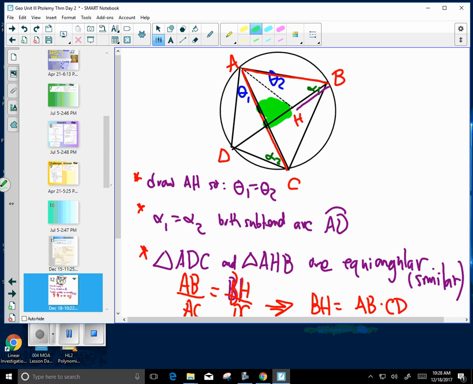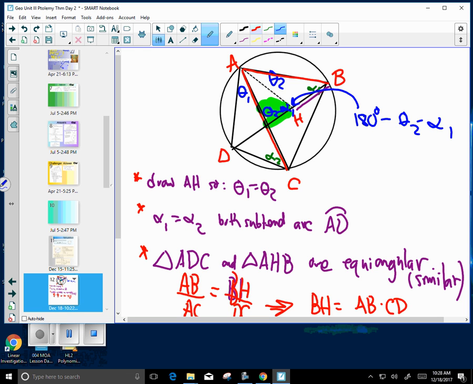It's not 2 alpha. Let's do this. This angle here is 180 minus what? Theta 2 minus alpha 1, right? So what would this green one have to be? Theta 2 plus alpha 1.